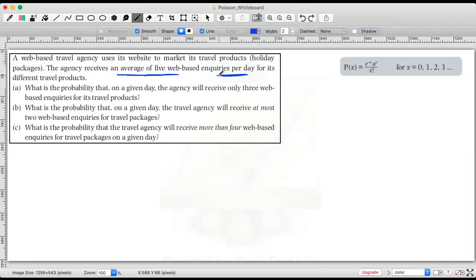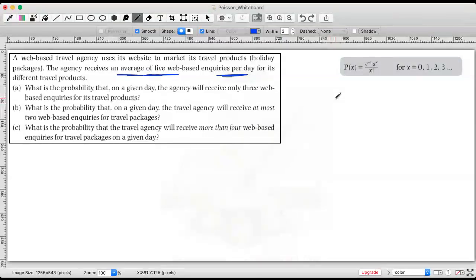If I phone this agency to inquire about a holiday, and then Kalisha phones later on the same day and also inquires about a holiday, whether I call doesn't affect whether Kalisha inquires. We're independent of each other. So that's another example of independent trials. So there's an average for a given time interval, and each trial is independent of the others. That is why you would use a Poisson distribution.